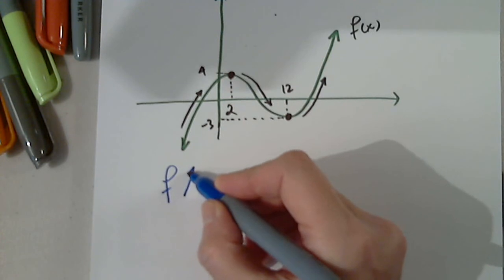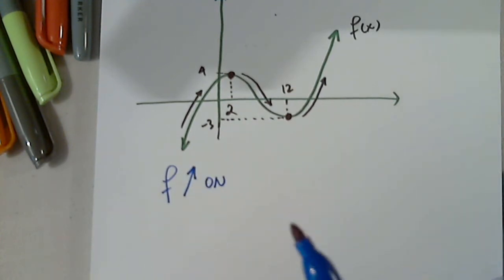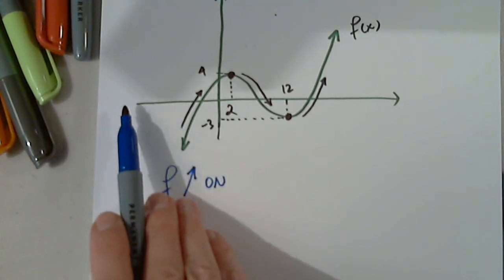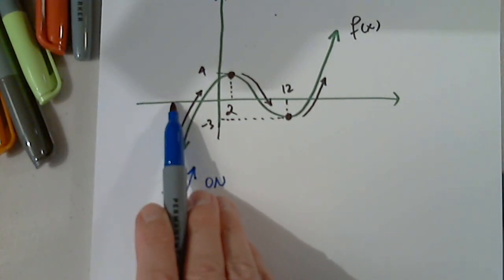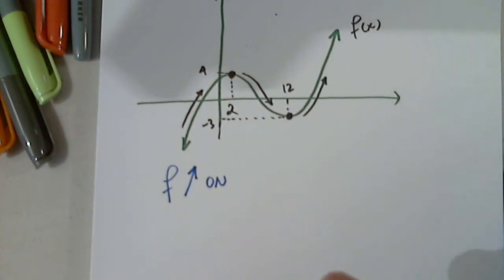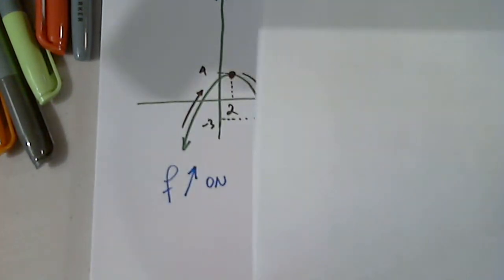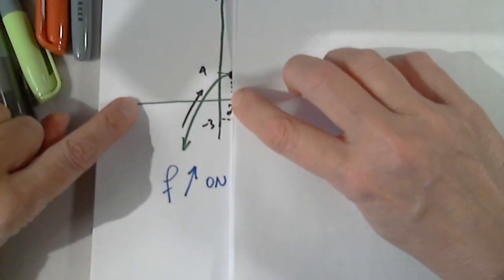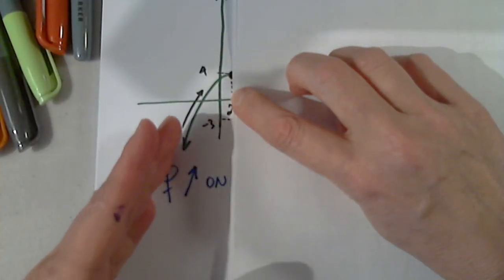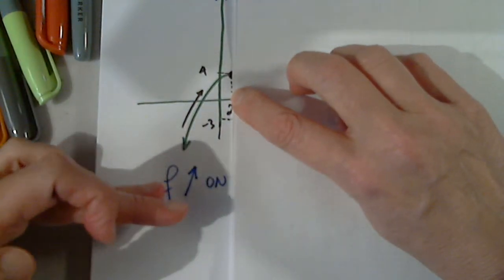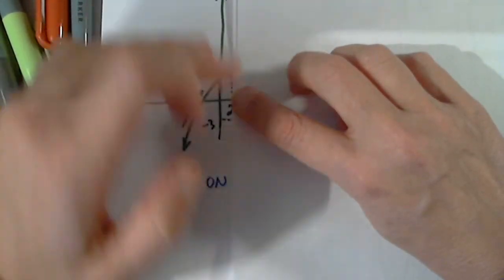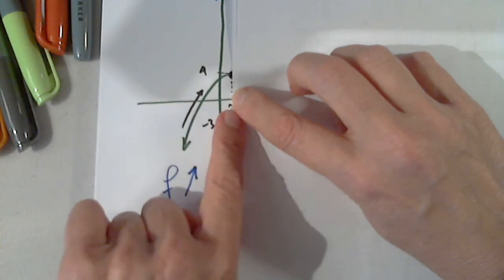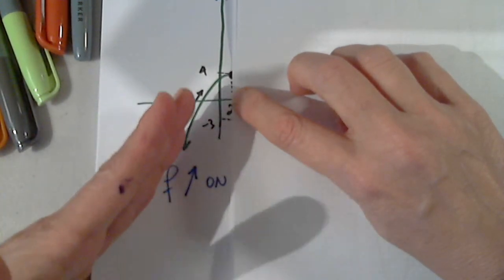F is increasing, when we are talking about x values, between negative infinity and 2. On this piece, for x values between negative infinity and 2, the function is increasing. I'm not interested from which value till which value. No. In the trend, from negative infinity to 2 for x, the function is increasing.